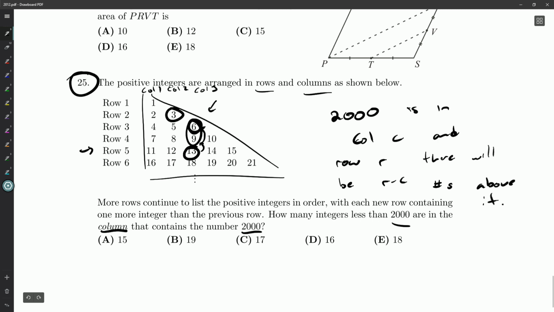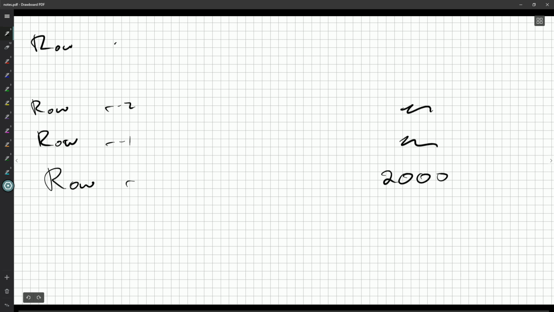Because we imagine row R here, and here's 2,000. There'll be a number above it in row R minus 1. There'll be a number above that in row R minus 2. So with R minus 2, we've got 2 numbers all the way up to row C, which happens to match my column, and there's nothing above that one.